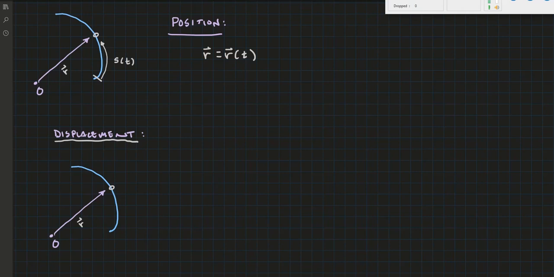Now, as our particle moves, we can track a displacement of that particle. So we move to our new position here, which is r prime.